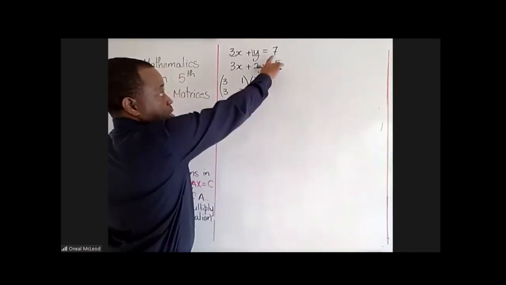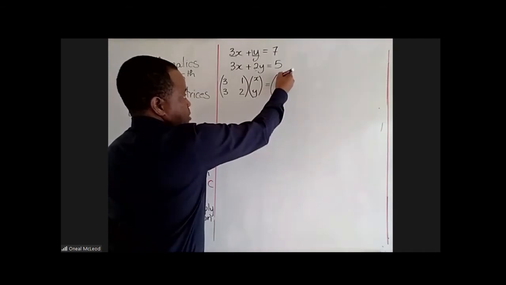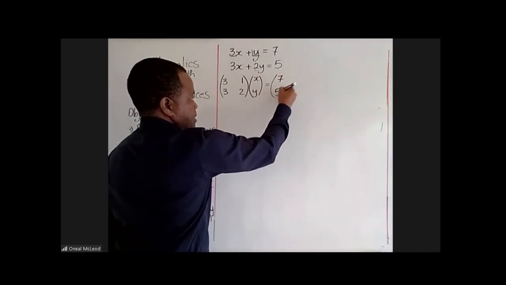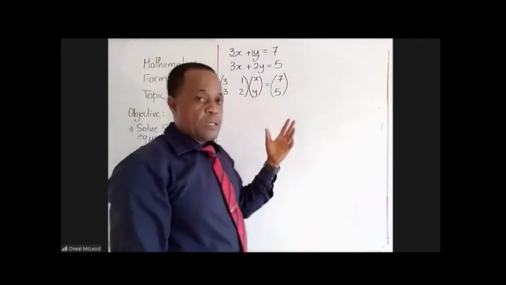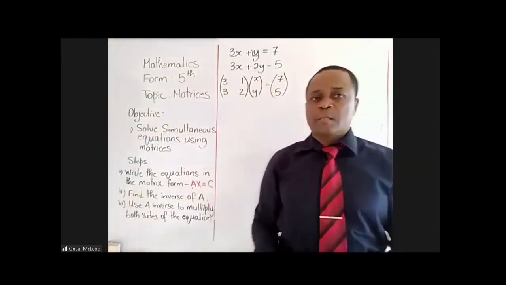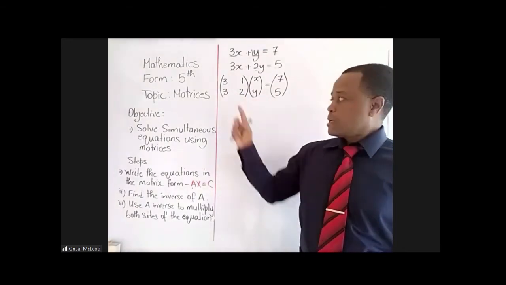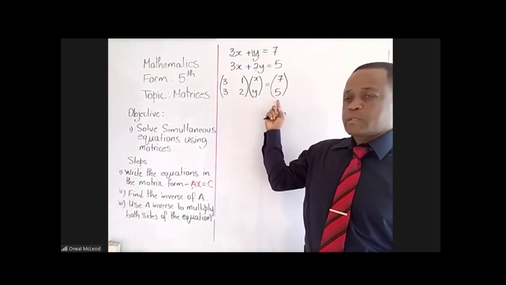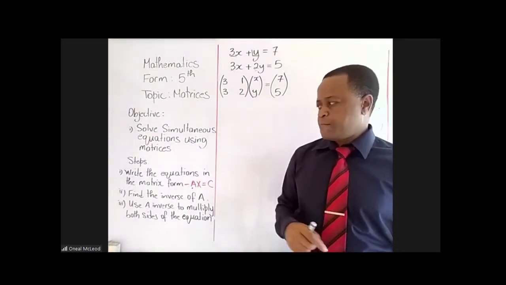The constant terms are 7 and 5. So this is now our matrix C. Very good. So notice that the pair of simultaneous equations is now written in the matrix form AX equals C.